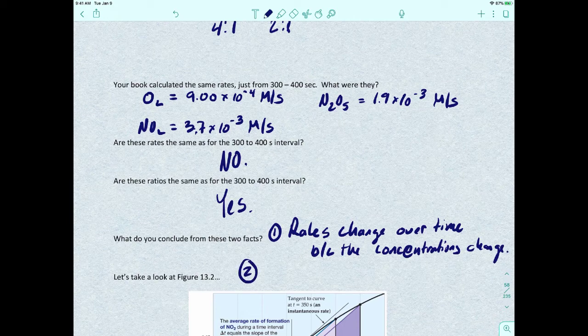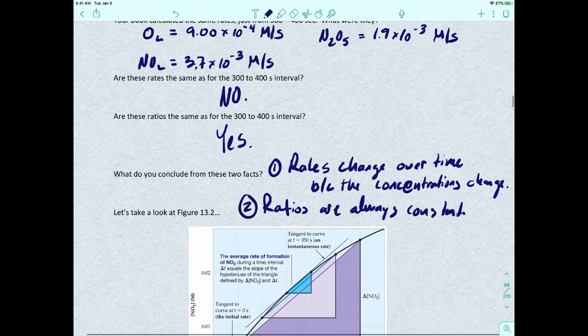And then number two, the ratios are always constant. All right, so those are the two things that we can definitely get from what we're seeing.